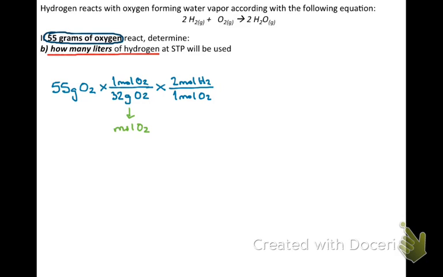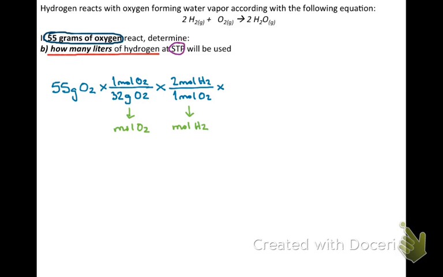And if I stop the calculations here, I will have now moles of hydrogen. But these moles of hydrogen need to be transformed into liters of hydrogen, and as we are working at STP conditions, we already know that 1 mole of any gas at those conditions will be 22.4 liters.